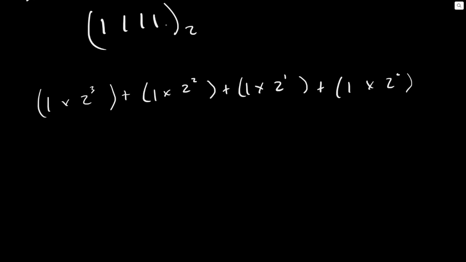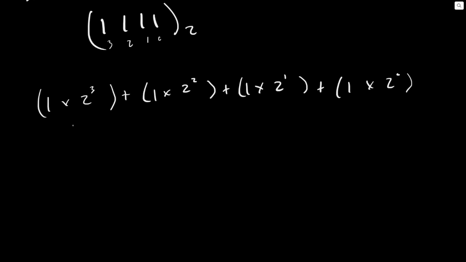We're in digit number 0, because 0, 1, 2, 3, that's the column. We have a 1 times 2, because we're using base 2, binary, to the power of 0. Column number 1, 1 times 2 to the power of 1. Column number 2 is a 1, so it's 1 times 2 squared. Column number 3, that 3 is the exponent, 1 times 2 cubed.